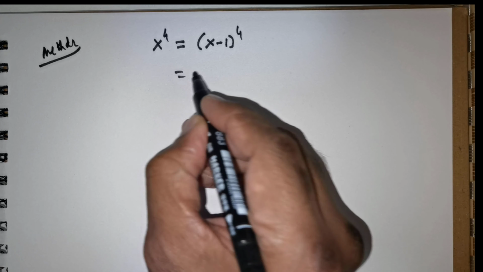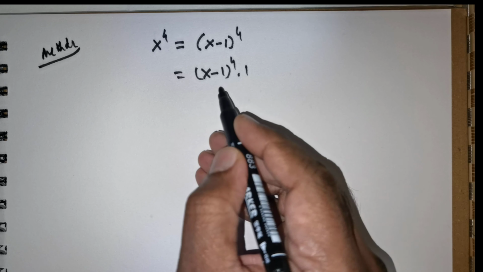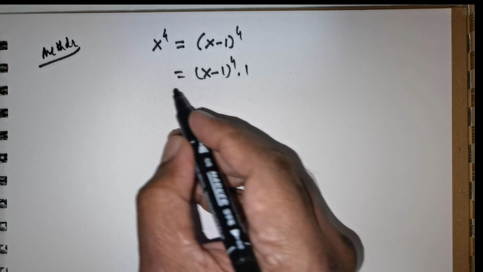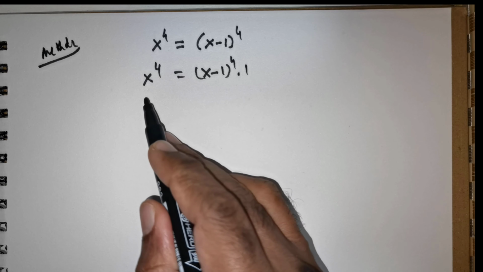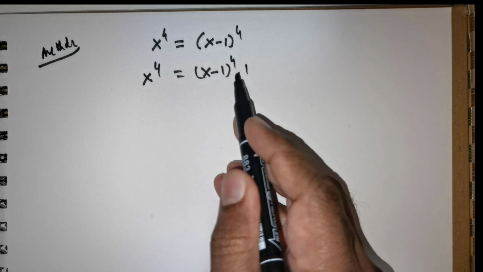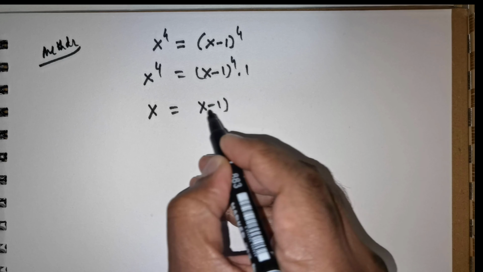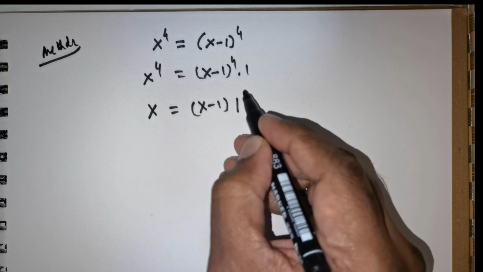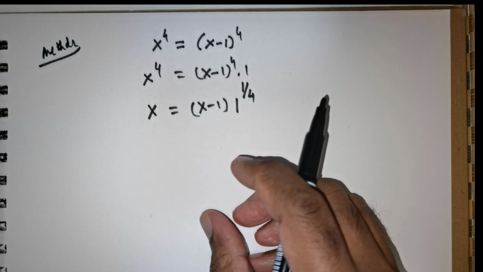Now I'm going to rewrite this as (x-1)^4 times 1. It is acceptable, and on the left-hand side it is equal to x^4. Now taking the fourth root, this would give me x, this would give me x-1, and this would give me 1 raised to the power 1/4.